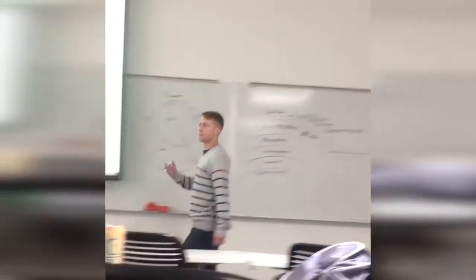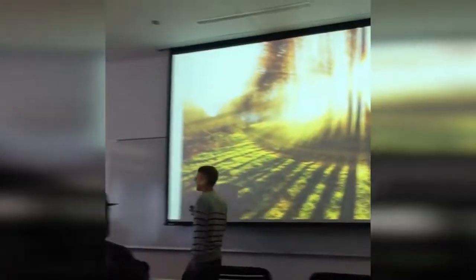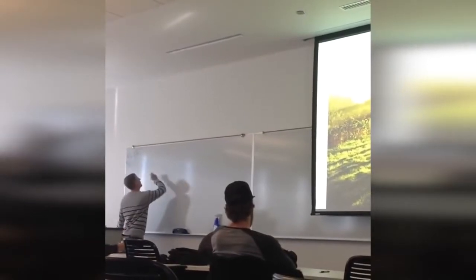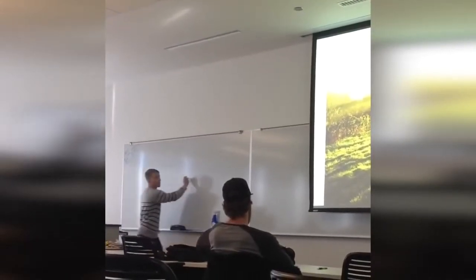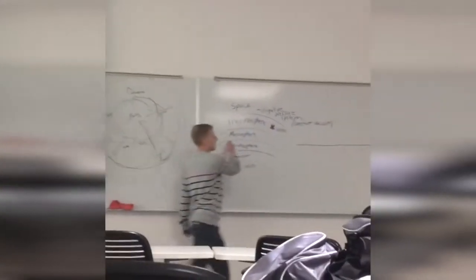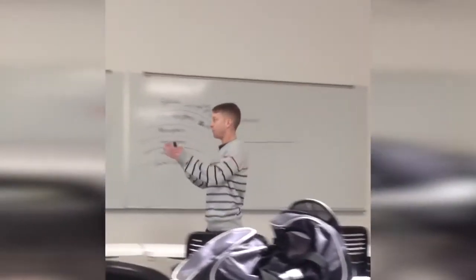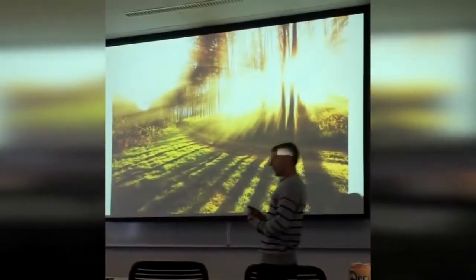So if we had sun rays coming in from 93 million miles away, they would always consistently come in parallel. But they do not.